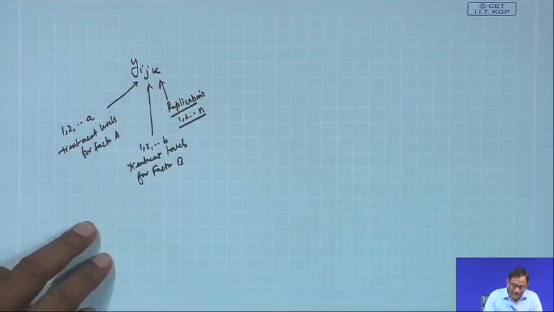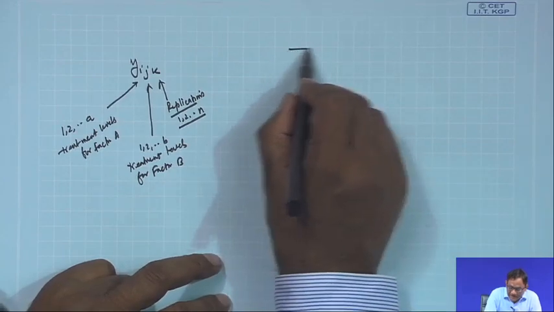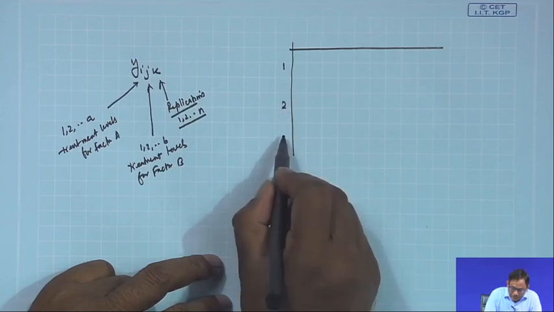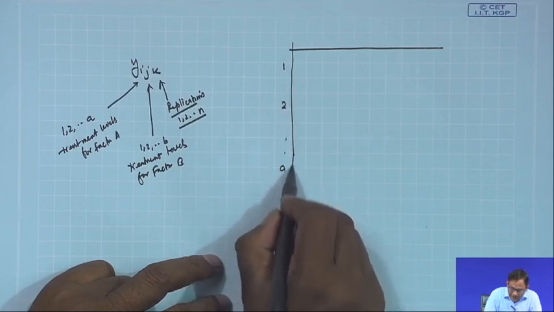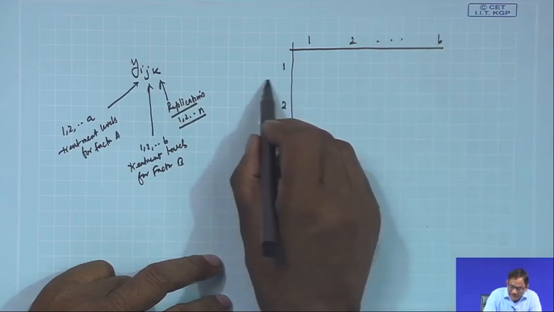So, this is the general data, and our table is like this: 1, 2, dot dot dot, a, and here 1, 2, dot dot dot, b.